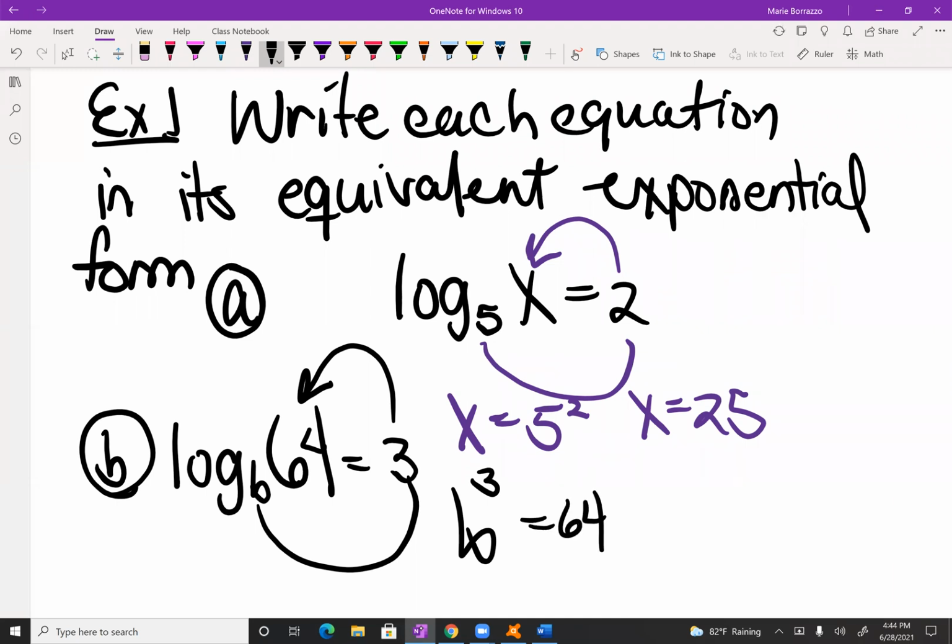Let's pretend we don't know that that is 4. We're going to take our calculators and say that b is equal to the log of 64 divided by the log of 3. And when you do that, you should get 4. Try it on your calculators.